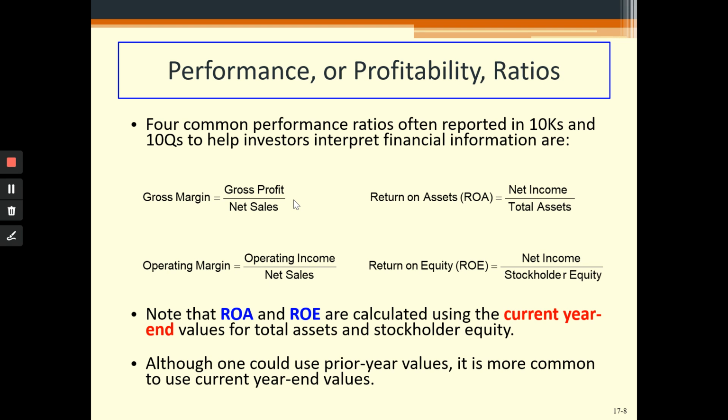And from this gross profit, you still have to subtract the operating expenses, you have to pay the interest, you have to pay the taxes from that 20 cents from each dollar which is generated by the company. And then you have the operating margin, which is the operating income. So this is before paying the taxes and the interest. What is the actual operating income?